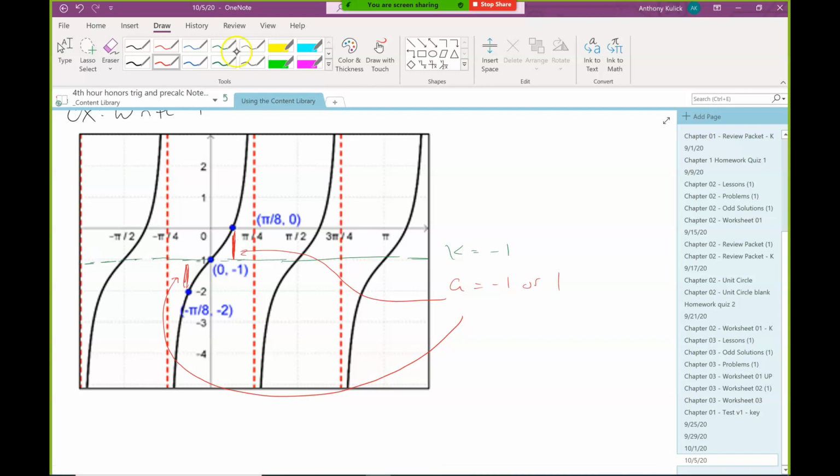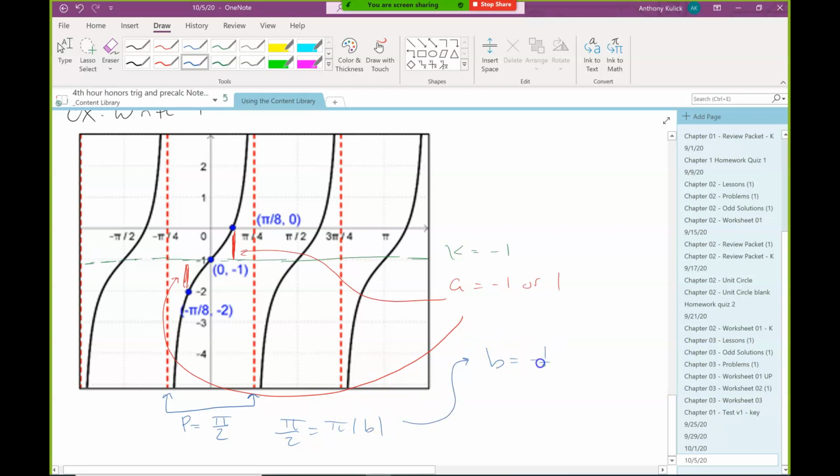How are we going to figure out the period? Well, I would just go asymptote to asymptote. So that's going to be pi over 2 in this case, right? If I go from negative a quarter to positive a quarter is a half. Everybody agree with that? So I know that pi over 2 is equal to pi times b.